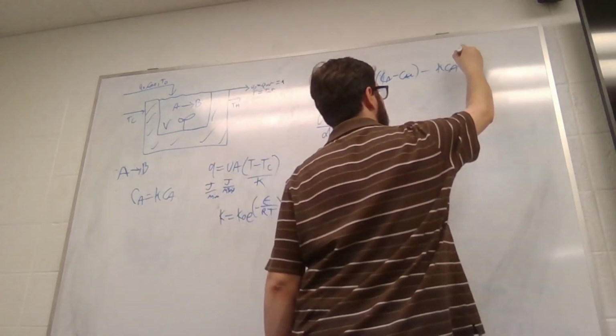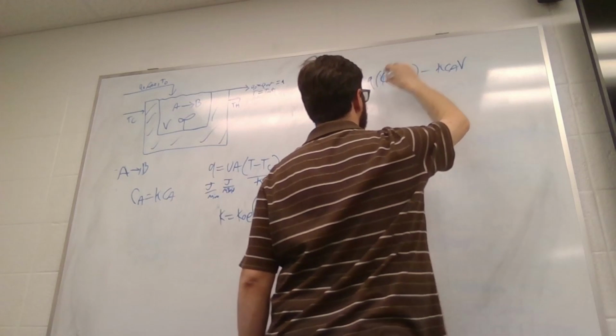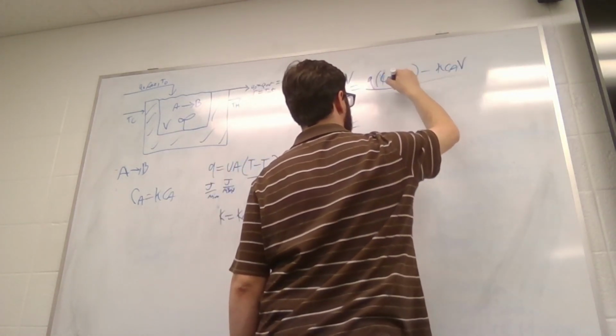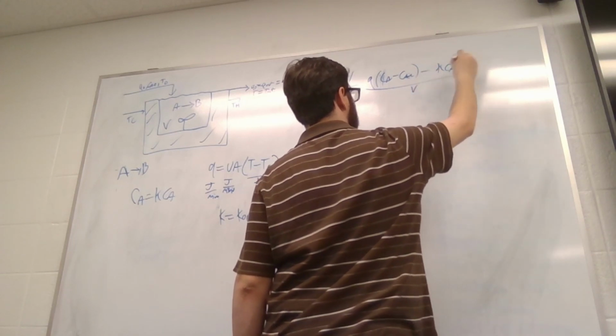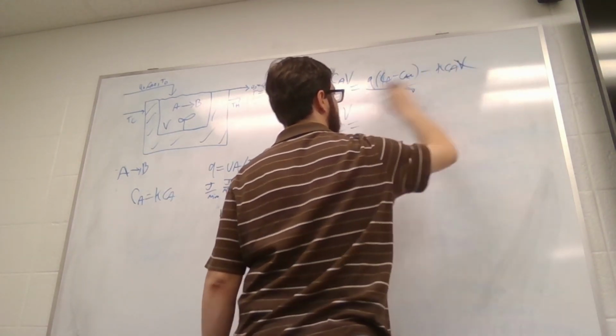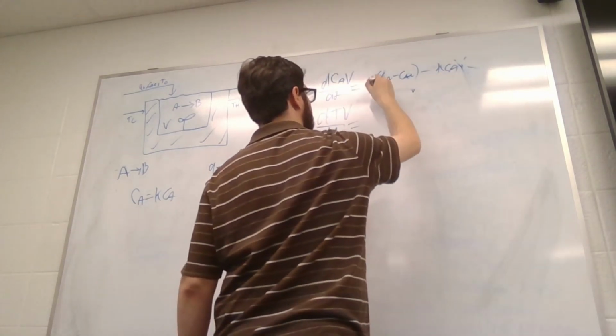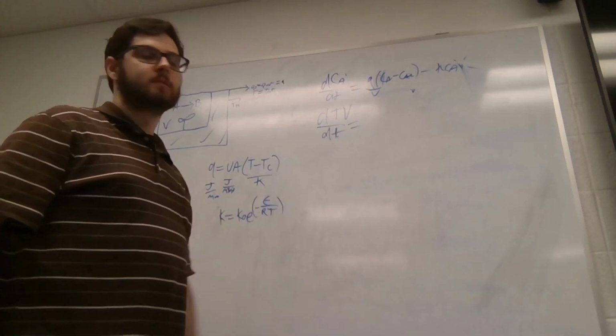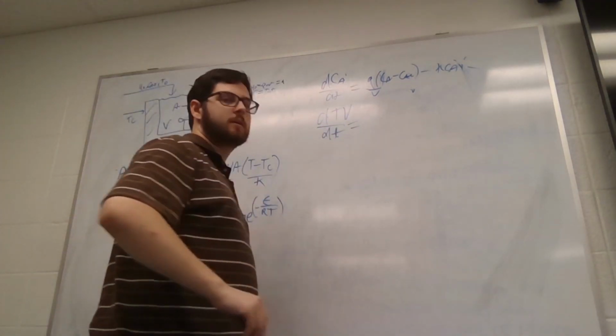This would actually be KCAV, so just divide everything by V. You get that term out of there, so it's just Q over V. And we're good with that. See, pretty simple, straightforward.